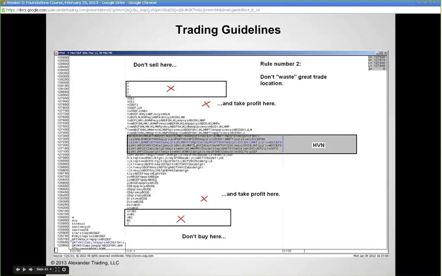And part of the reason I do that is that I want to be as consistent with my decision-making process and as objective as possible. And if I start getting subjective and thinking that I can read every minor swing and tick in the market, I am getting sucked into the black hole of randomness.